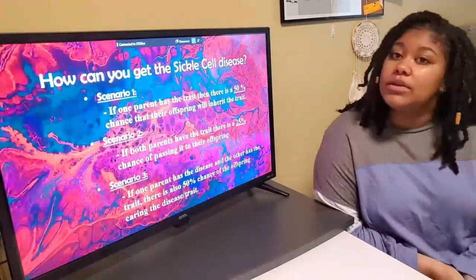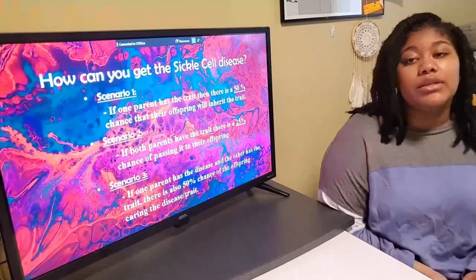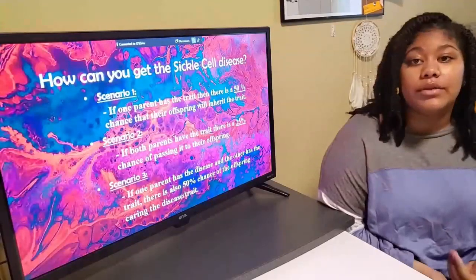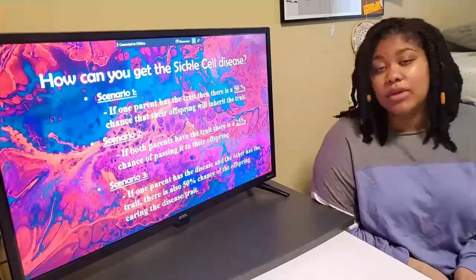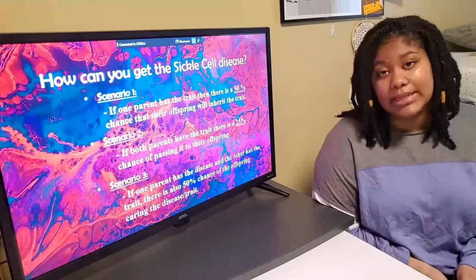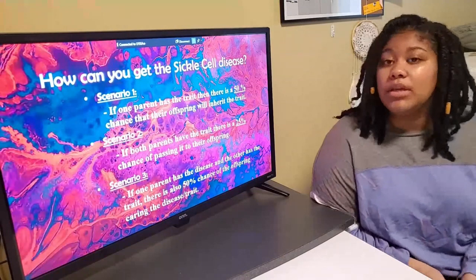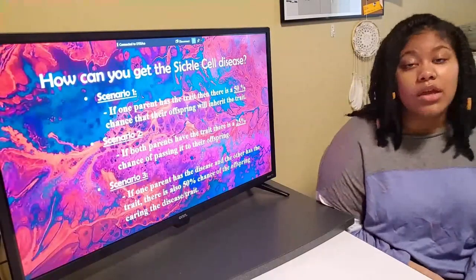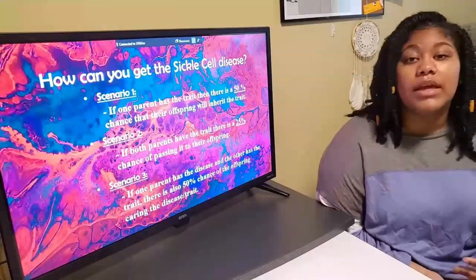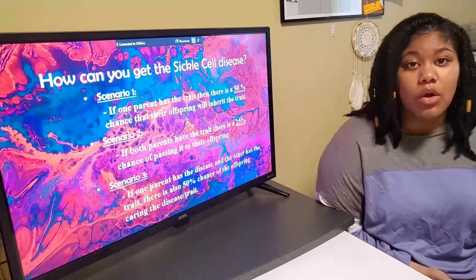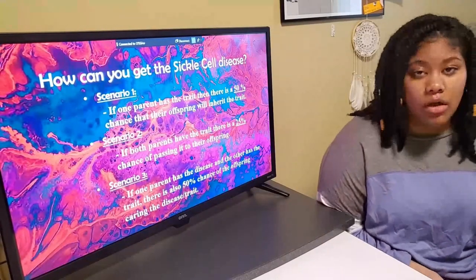How can you get the sickle cell disease? Well, there are 3 scenarios that come with how you can inherit the disease. So the first scenario is a 50% chance of you inheriting the disease. And that is simply because if one parent has the trait, you have a 50% chance of either inheriting the trait or not inheriting the trait at all.